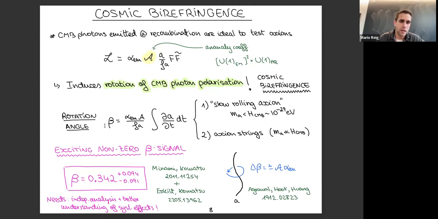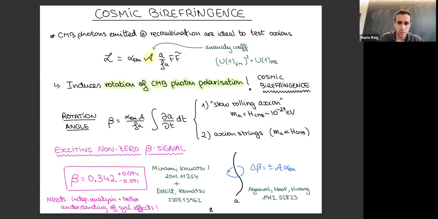There are two ways to generate a non-zero rotation angle. One is to have an axion field value that changes between recombination and today, just a slow roll. And the second is to have a population of axion strings in the universe. As the photon goes through the string network, it will get some rotation angle. Now, the reason why I think this is super exciting is because at the moment there are hints for a possible non-zero rotation angle.